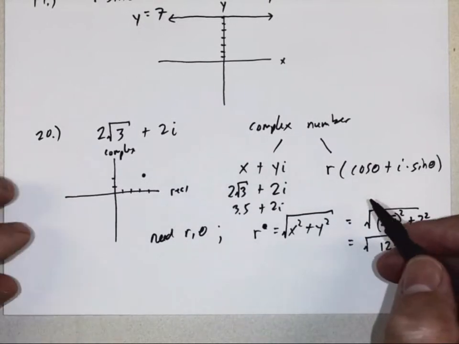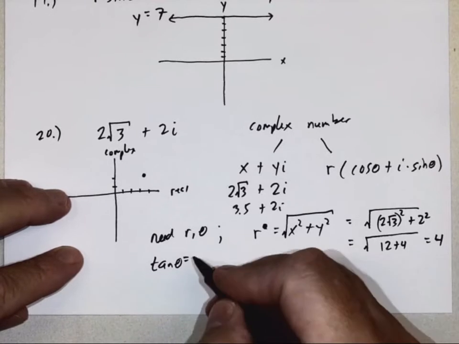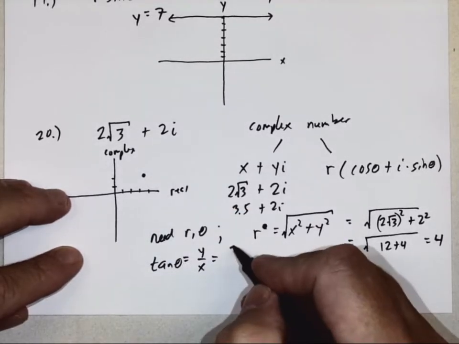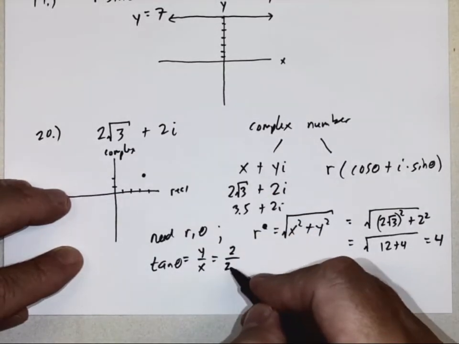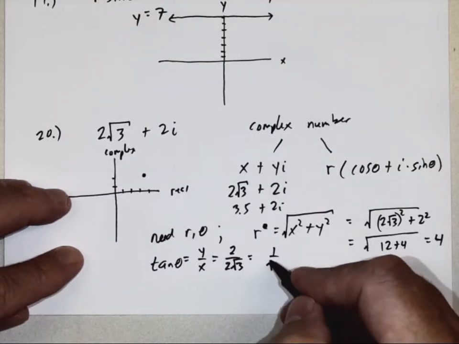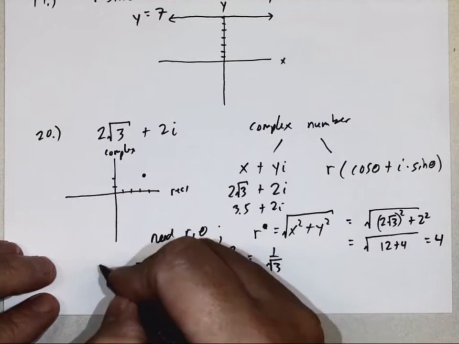Now let's figure out theta. Tangent of theta equals y over x. Y is 2 and x is 2 square root of 3. So we're asking, is there an angle that when we take the tangent it equals 1 over the square root of 3?